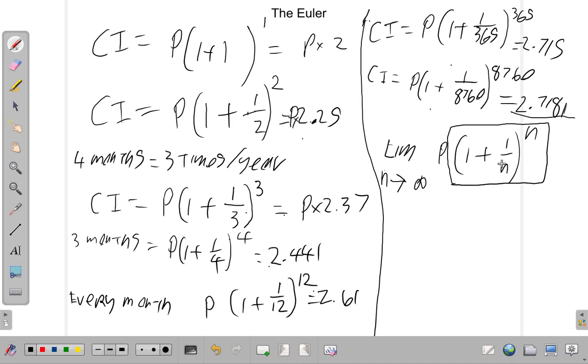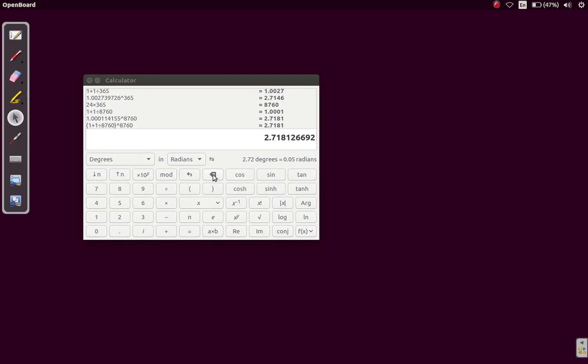It is the value as n tends to infinity, because if you consider n, for example, being 1,000,000, what you'd have is 1 plus 1 over 1,000,000, in brackets, to the power of 1,000,000, which equals 2.7182846.